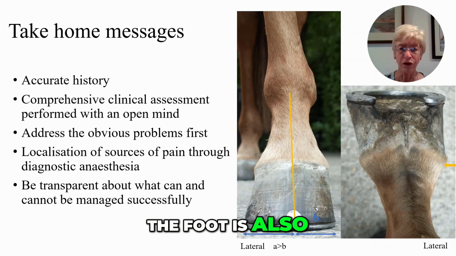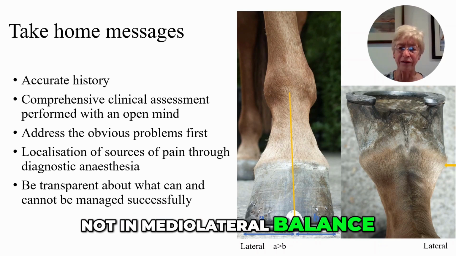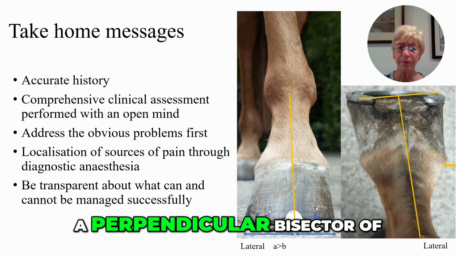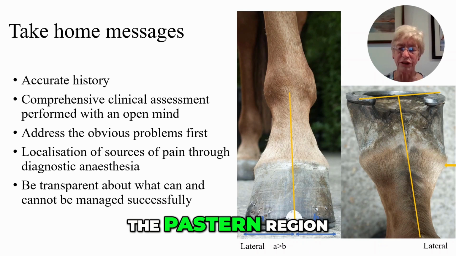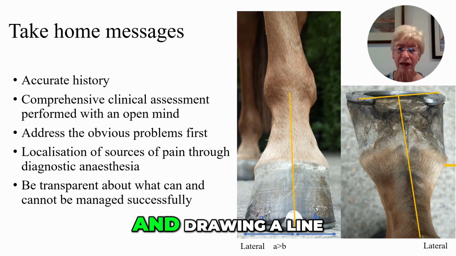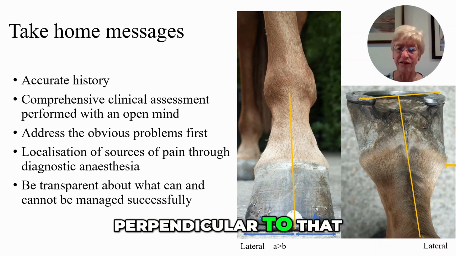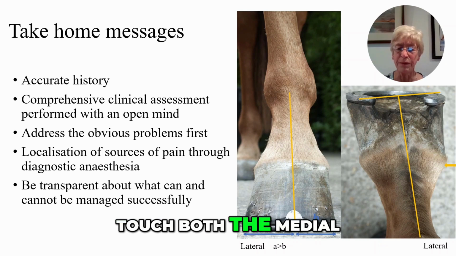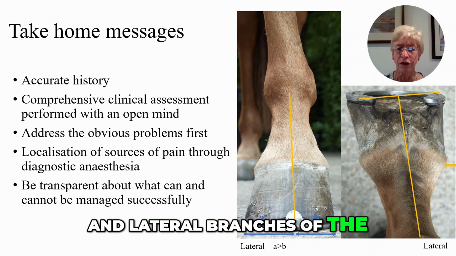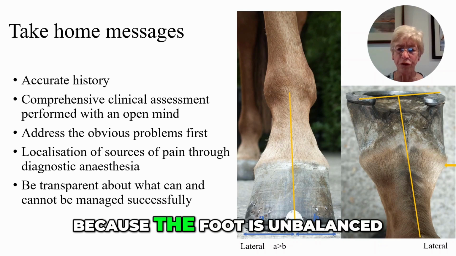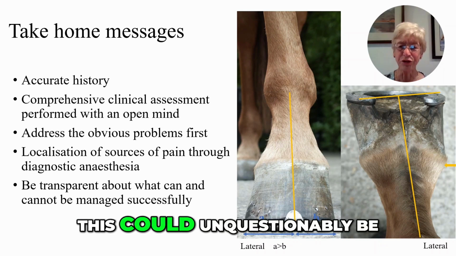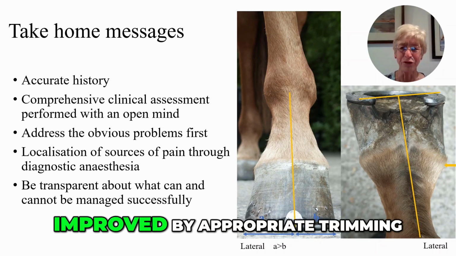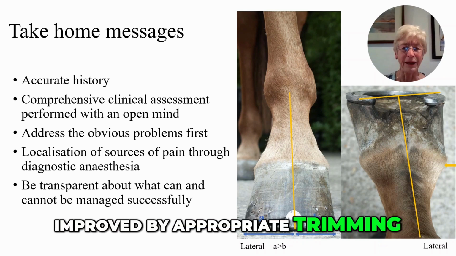The foot is also not in mediolateral balance. A perpendicular bisector of the pastern region, and drawing a line perpendicular to that, we can see that that line does not touch both the medial and lateral branches of the shoe because the foot is unbalanced. This could unquestionably be improved by appropriate trimming.